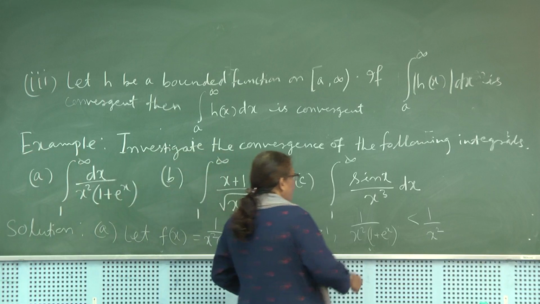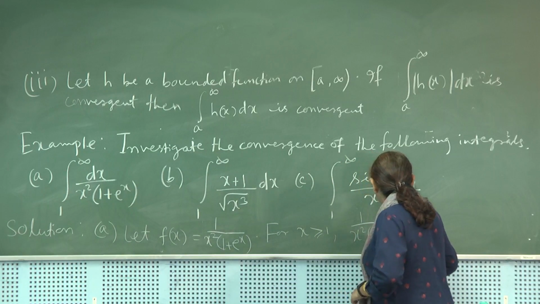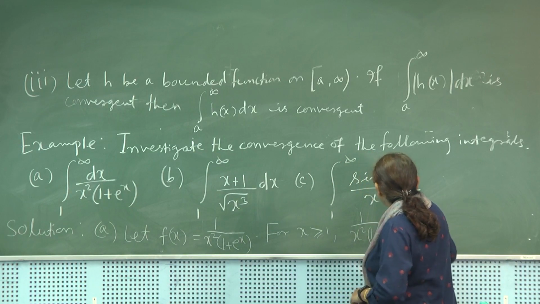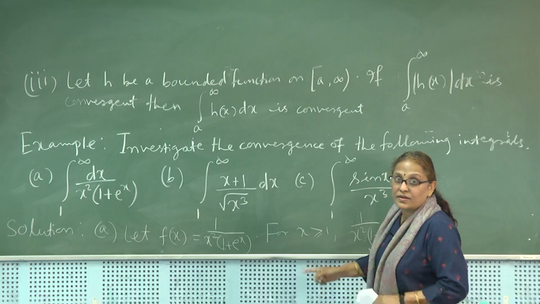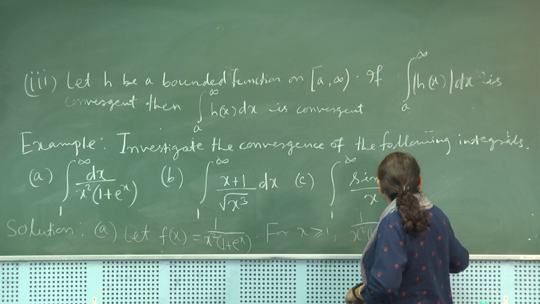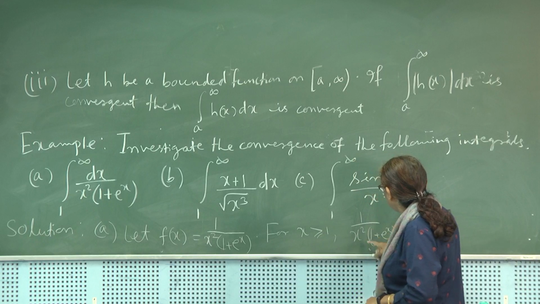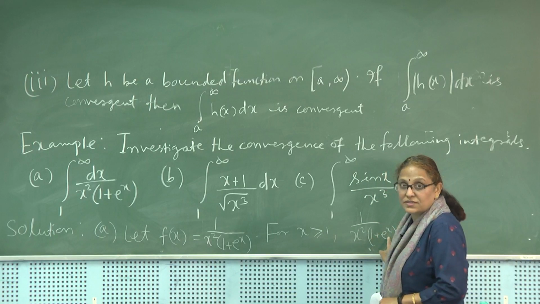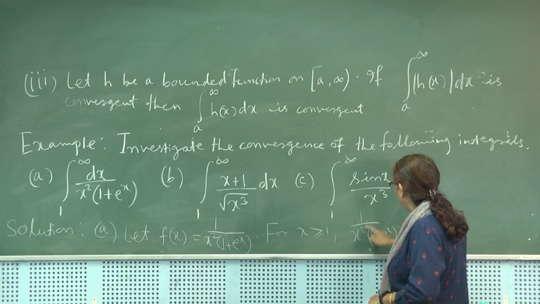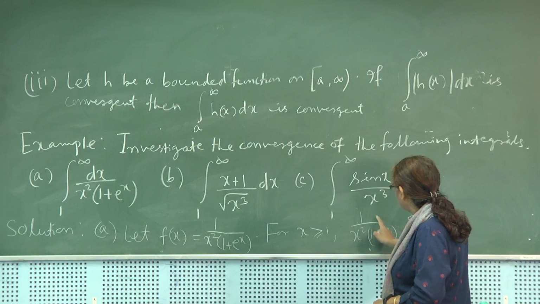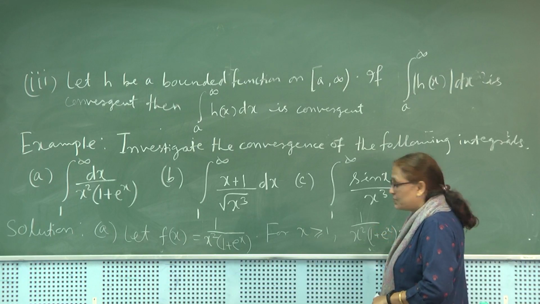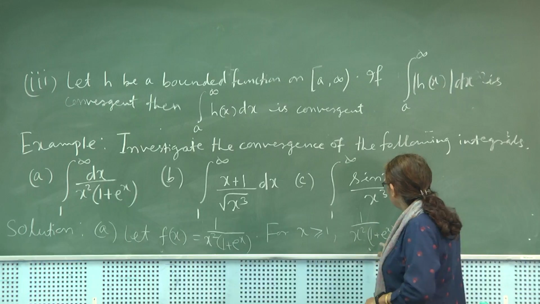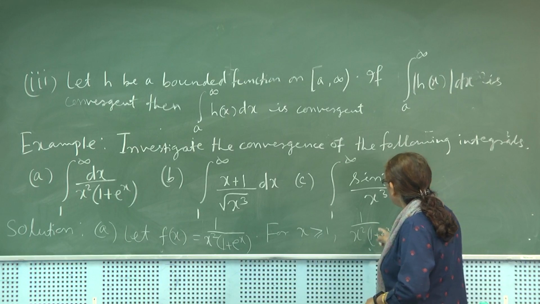So, 1 upon 1 plus e to the power x is strictly less than 1.